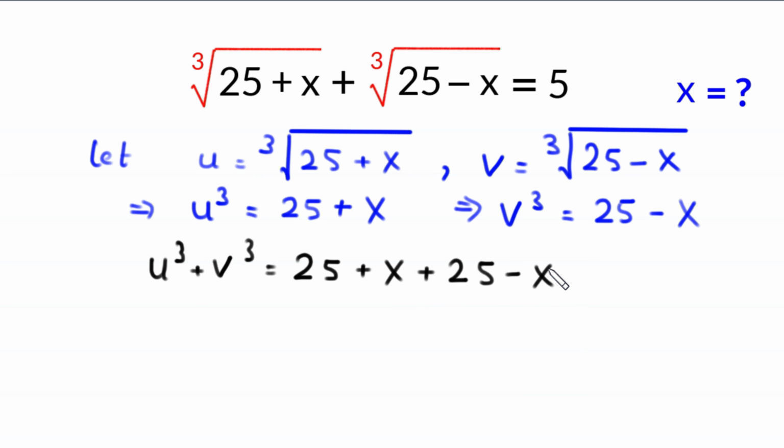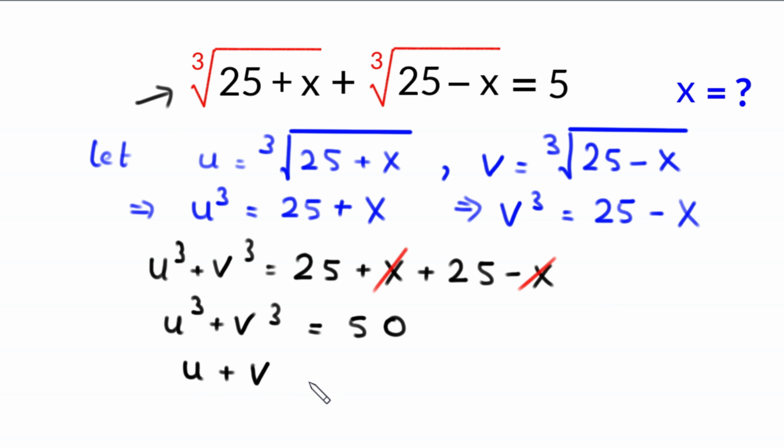This negative x will be cancelled out with this positive x, and we are left with u cubed plus v cubed equal to 25 plus 25, 50. And if we substitute u and v in this original equation, we get the equation u plus v equal to 5.